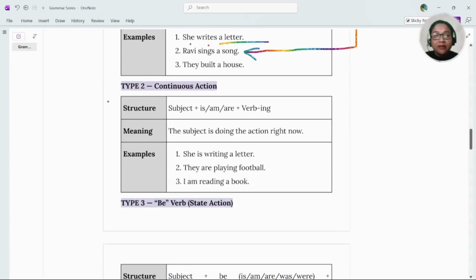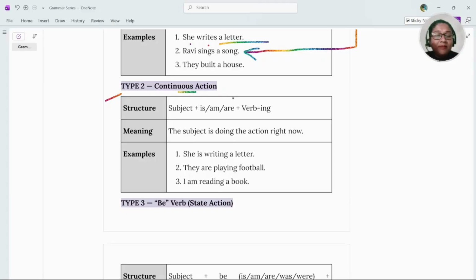Let's go ahead and move on and take a look at type 2. What is type 2? Obviously continuous action. This word continuous is pretty simple to understand. Whenever you see continuous in any tense form, when we are talking about time, what do you mean by continuous?